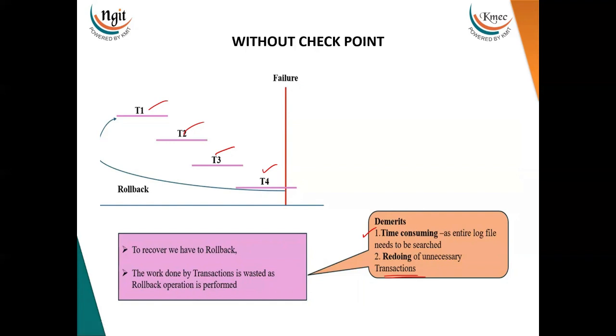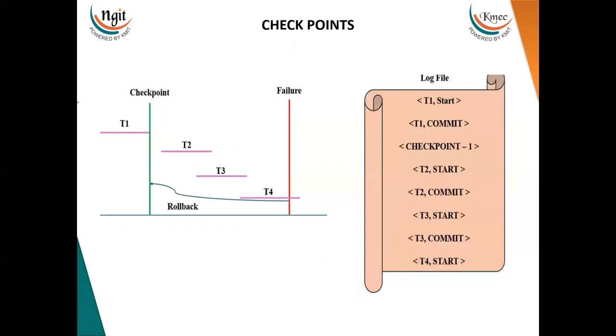Let us see what happens if we make use of checkpoints. Here you can see the transactions T1, T2, T3, and T4. T1 started its execution, completes all its operations, and assume that it has reached the commit.